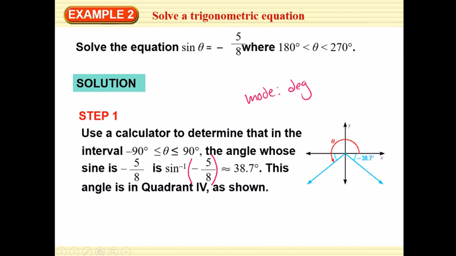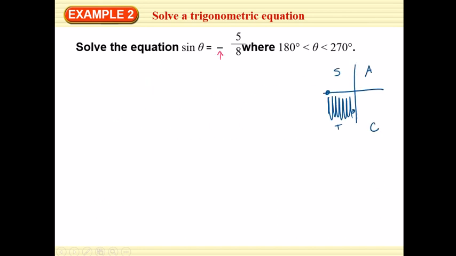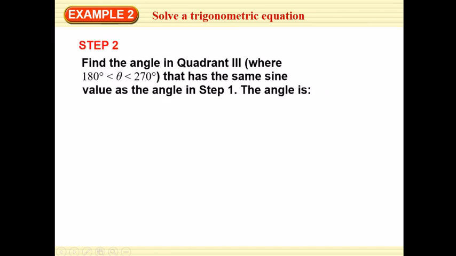Now, if you were paying attention a couple of seconds ago, that should be a little bit confusing because I said we were going to fall into quadrant 3. So, step 2, find the angle in quadrant 3 where theta is between 180 degrees and 270 degrees that has the same sine value as the angle in step 1.